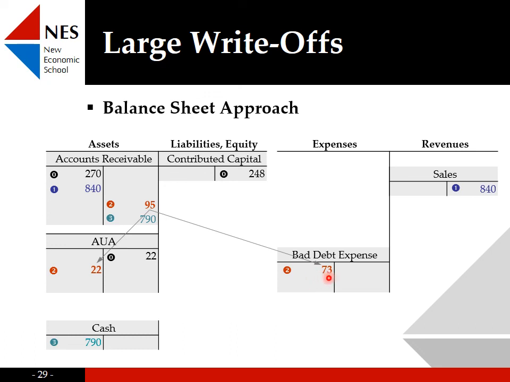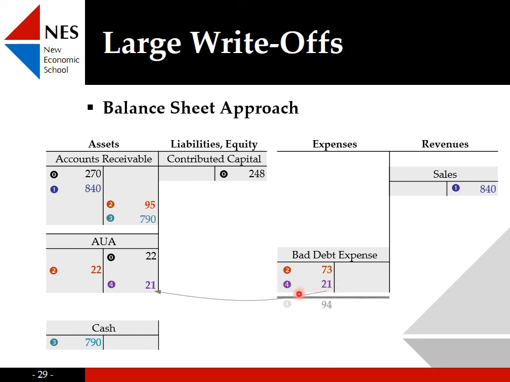73 will be a debit entry in the income statement and a current expense. Now after we do this, we will need to bring the allowance to the level that is desired by the company using the bad debt policy. Remember that under this scenario, the desired ending level of allowance at the end of 2001 was 21. So clearly we need to recognize additional allowance of 21, which will obviously add up to the bad debt expense.